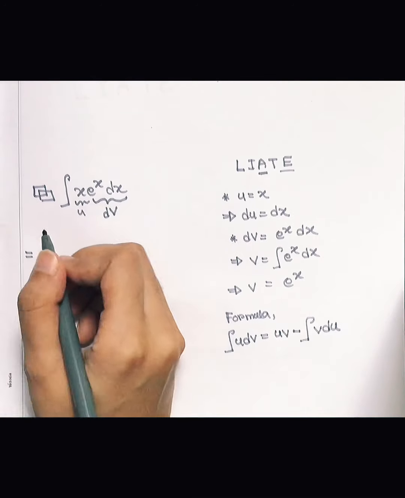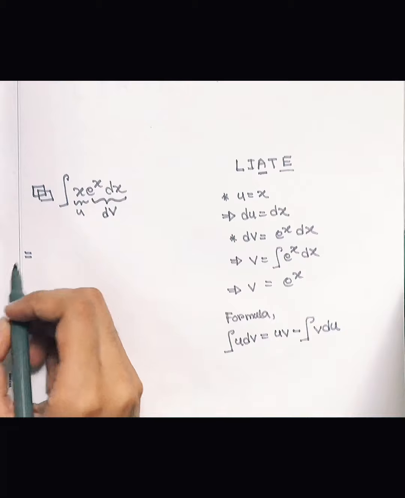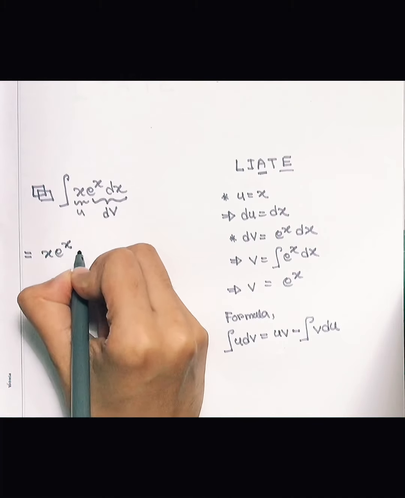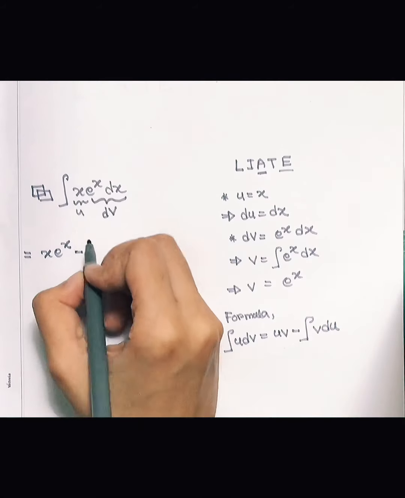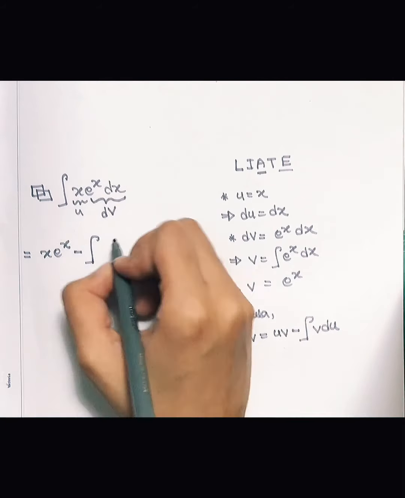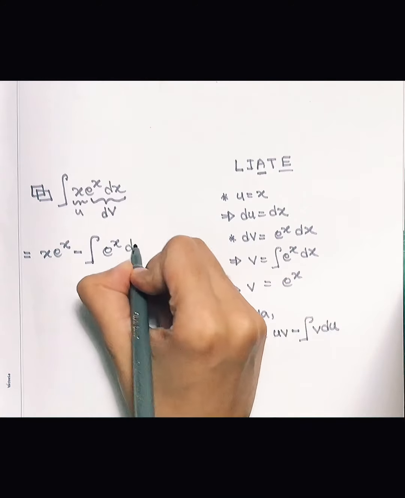I will have to multiply x with e to the power x, then put a negative sign, and then integrate v du, where my v is e to the power x and my du is dx.